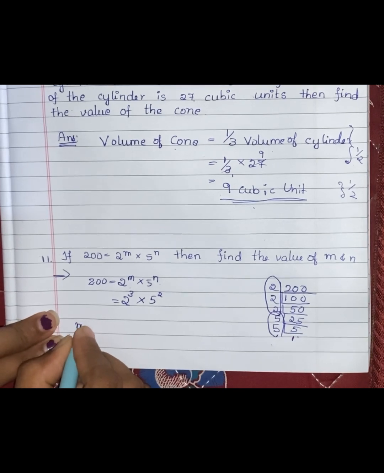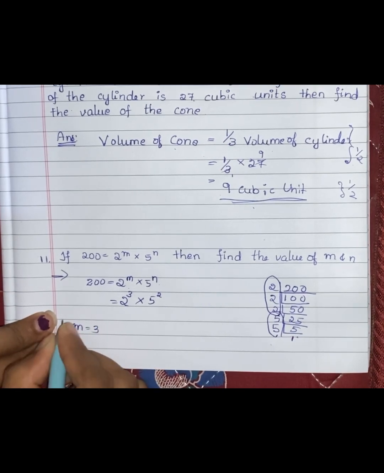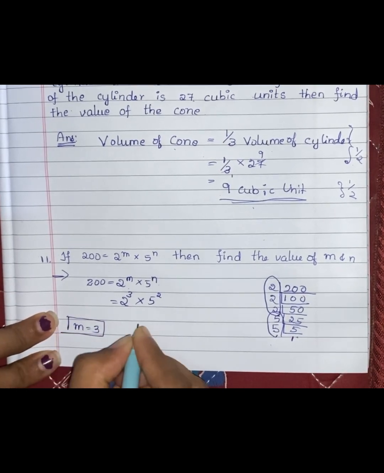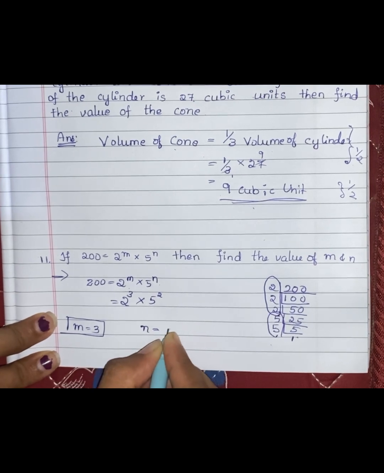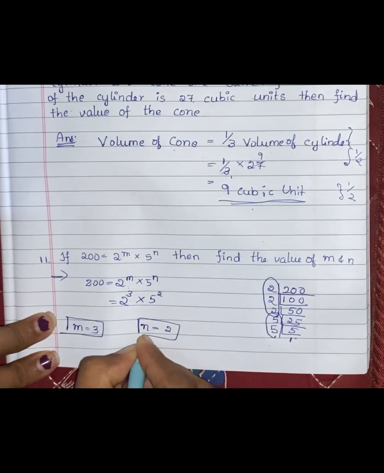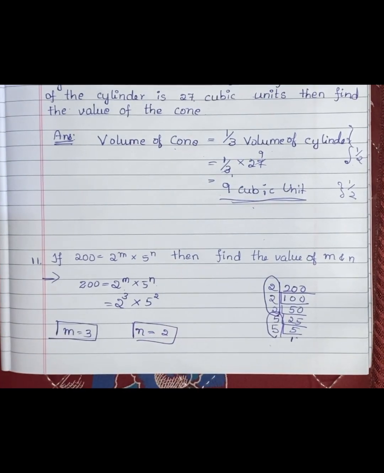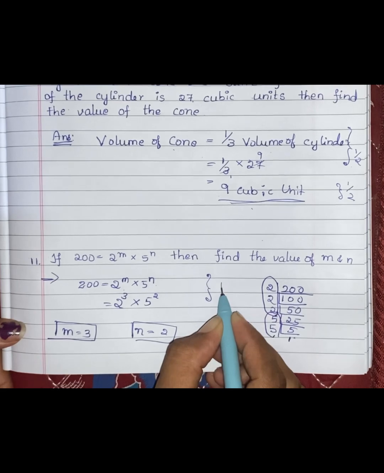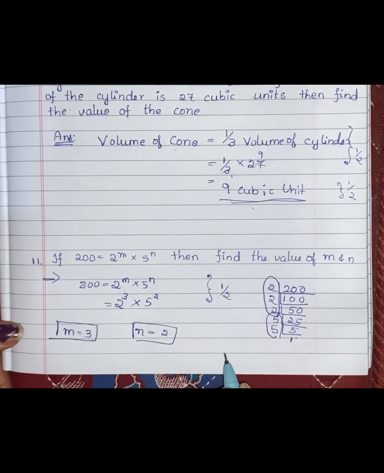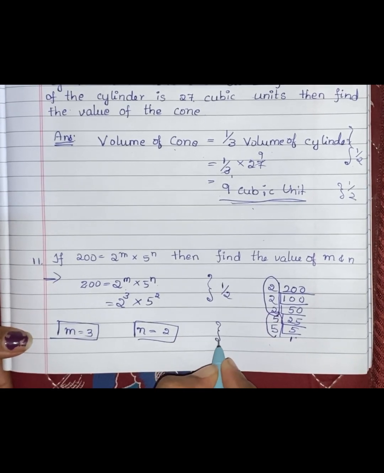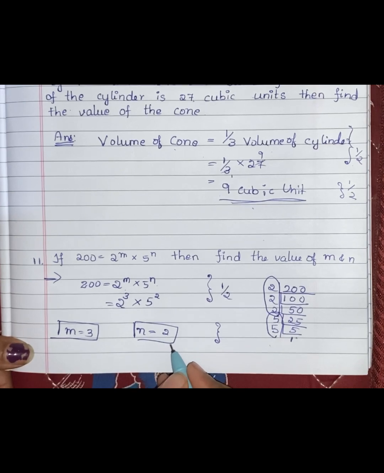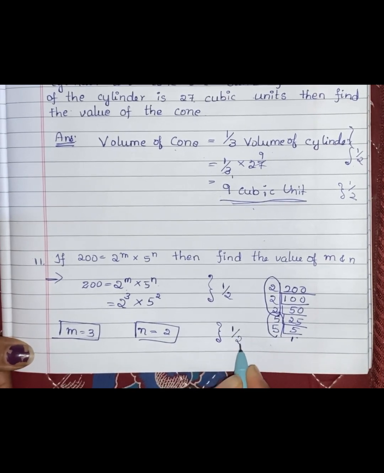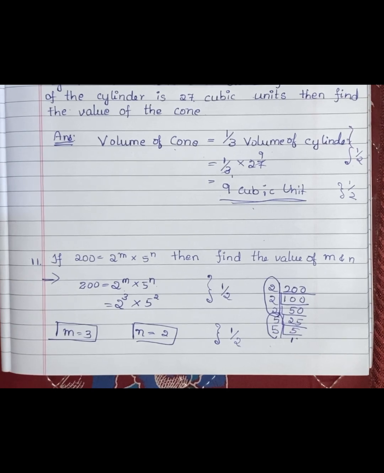That means m value is nothing but 3 and n value is nothing but 2. Okay, so this is the answer for this. Now, for this question, until here it's half, and then m is equal to 3 and n is equal to 2. For the final answer, it carries half marks.